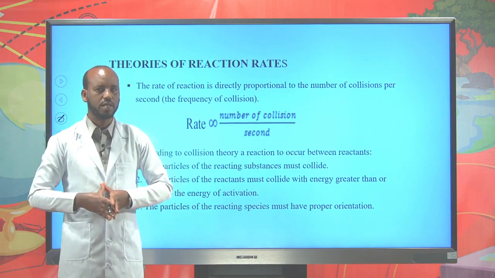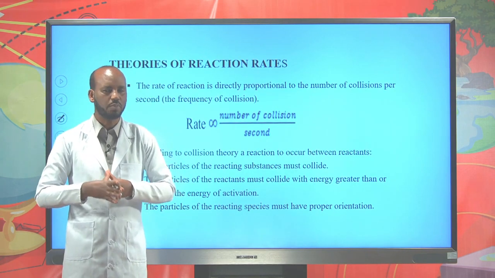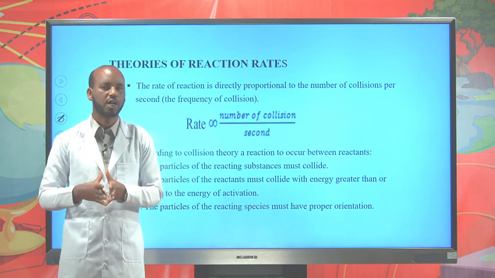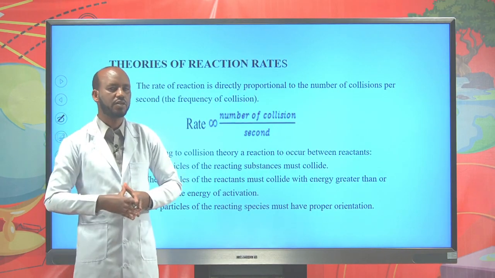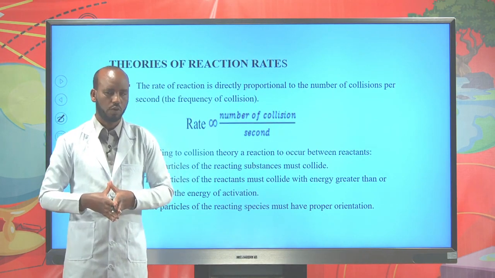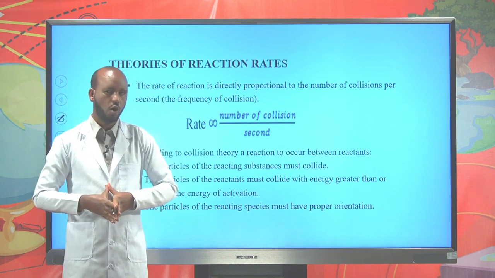Effective collision is collision between reacting substances which results in the formation of reaction and forms desired product. The other type of collision is ineffective collision, which does not result in the formation of a reaction.